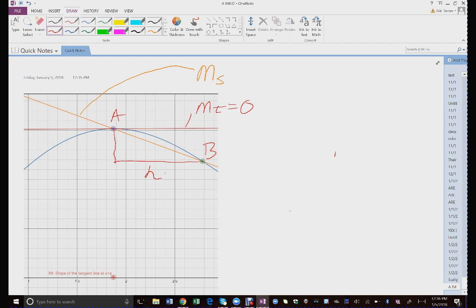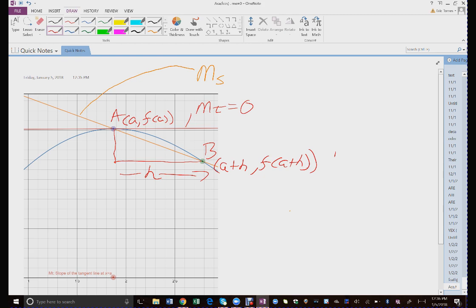So I'm going to call this first point A, and the output at A is the y value. Instead of calling this point B, I'm going to say it is A, and then I went an additional h units over to get to B, and then the output at B is that.